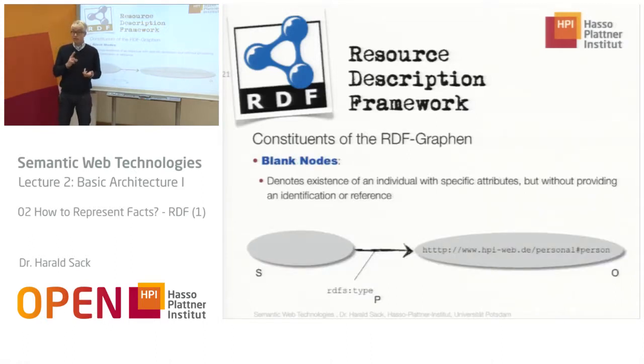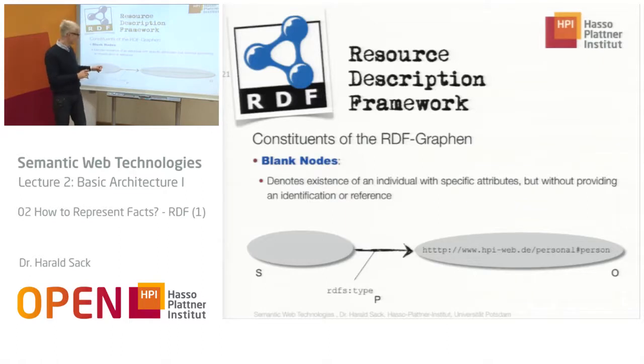Another interesting constituent of the RDF graph, besides resources and literals, are so-called blank nodes. So I can have, for example, a subject or an object that has no URI associated with it. And then it's a blank node, an empty node. This simply denotes the existence of some individual that has specific properties or specific individual attributes.